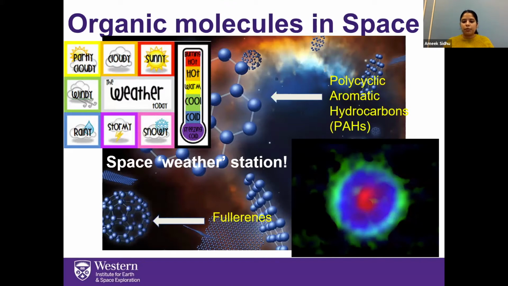So it can also act as a space weather station if we study those molecules. And that's a building project that we, as people at NASA Ames, are also working on, to use those molecules to build a space weather station.